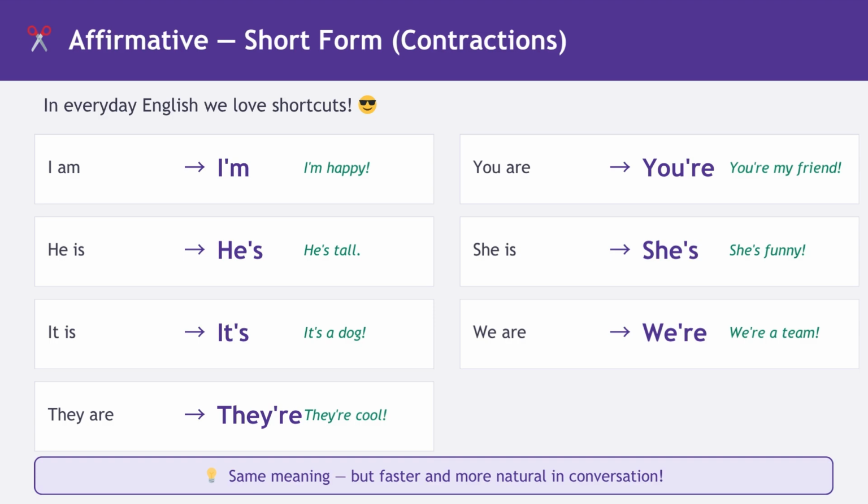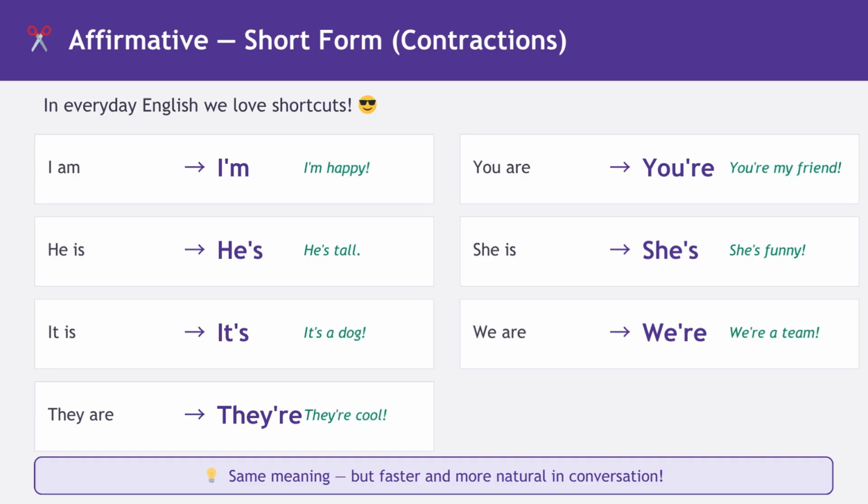He's tall. She is, she's. She's funny. It is, it's. It's a dog. We are, we're. We're a team. They are, they're. They're cool.